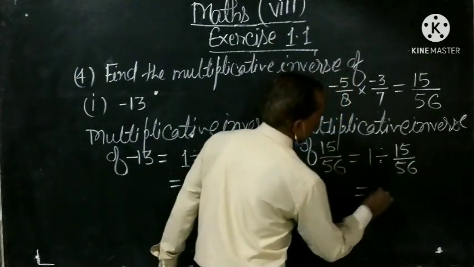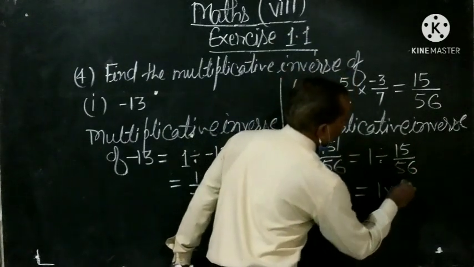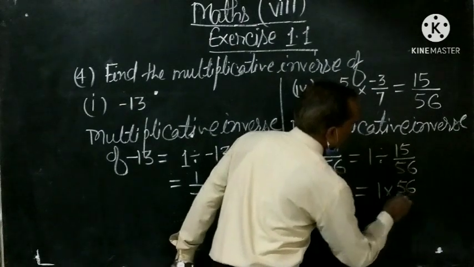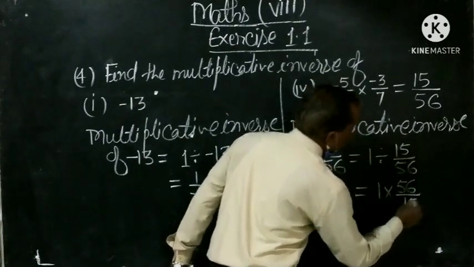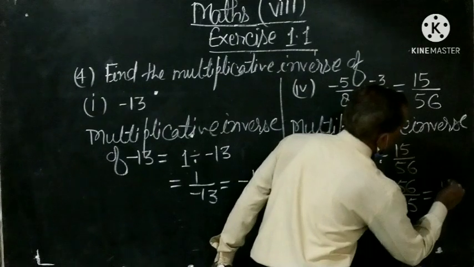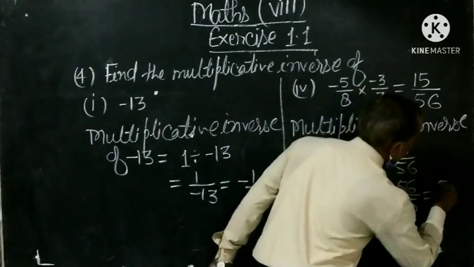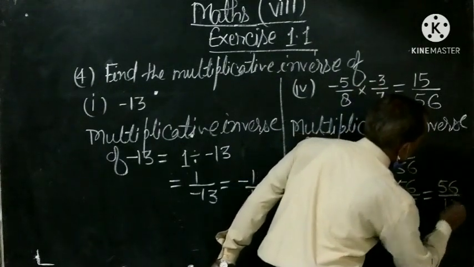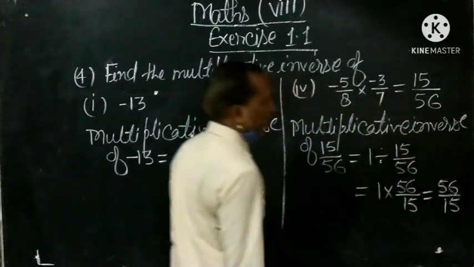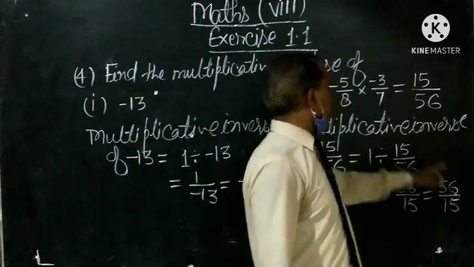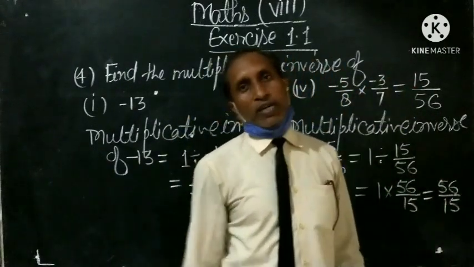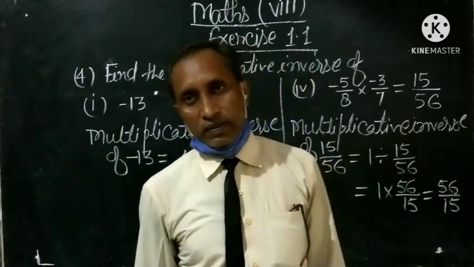You get 1 into 56 upon 15, that is equal to 56 upon 15. When you multiply this number to the given number, you get the product 1.